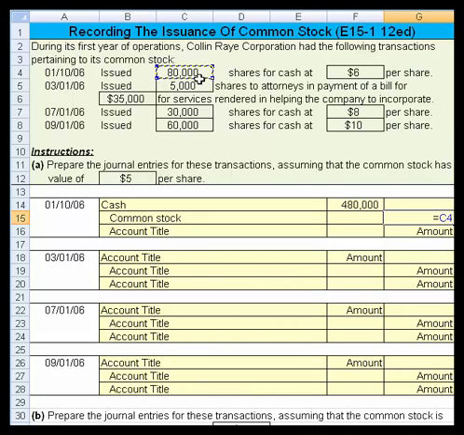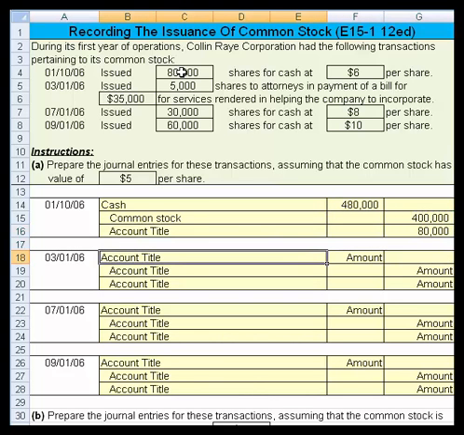Somewhere in here they tell us that the common stock has a value of $5 per share. That's what I'm looking for. So $5 times the 80,000 tells us our par value, the same kind of concept of legal capital. And then the difference, of course, goes into paid-in capital in excess of par. Okay, that takes care of that entry.